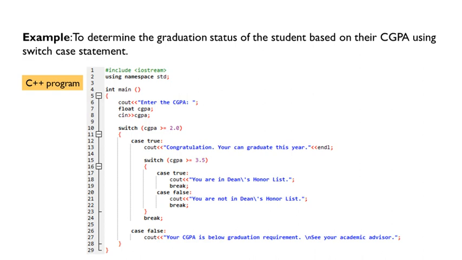Otherwise, if false, you are not in the Dean's list. Then the case true at line 12 will break or exit. What will happen if the expression in line 10 is false? Then the compiler will execute line 27: your CGPA is below the graduation requirement and you need to see the academic advisor.